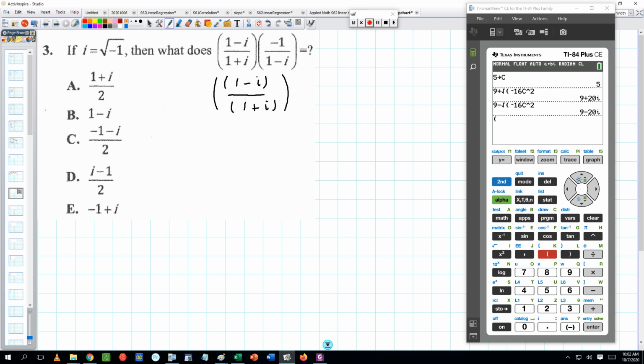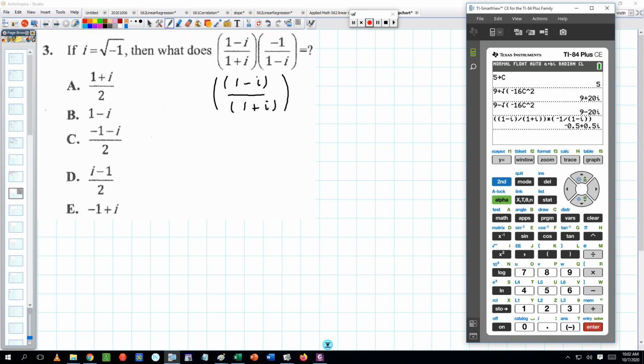Parentheses for the first fraction, parentheses for the top: 1 minus i, divided by parentheses for the bottom, 1 plus i, close the entire thing. Times sign, parentheses again, this time it's just a -1, divided by a group on the bottom, 1 minus i, close the parentheses around the group, enter.